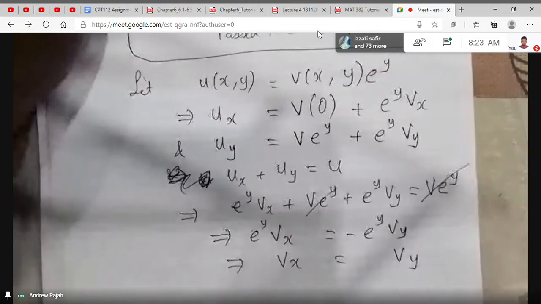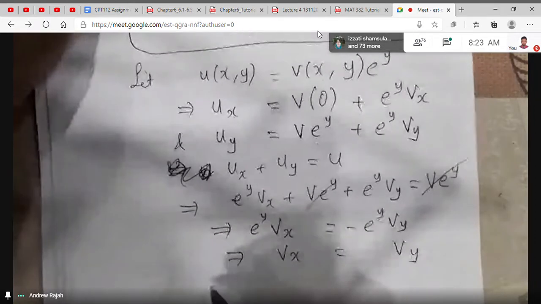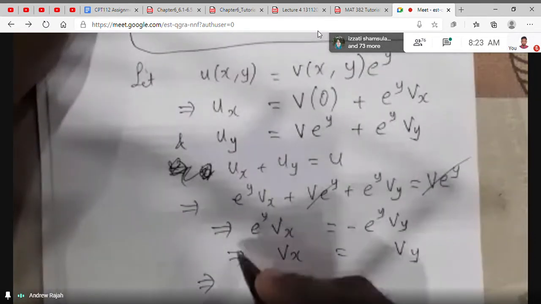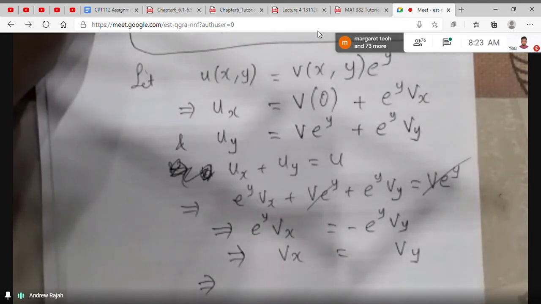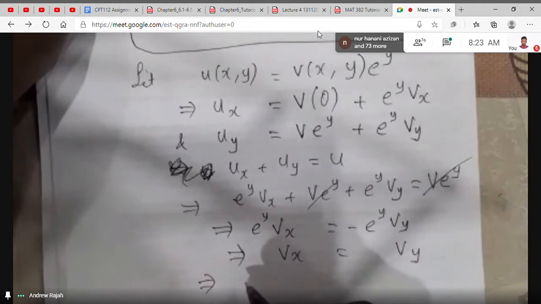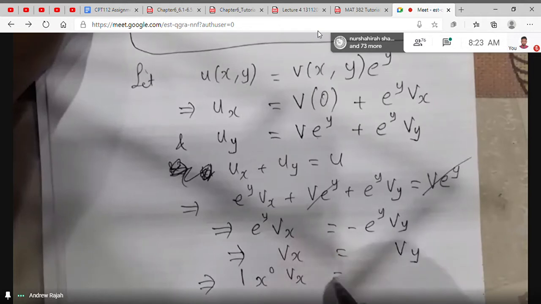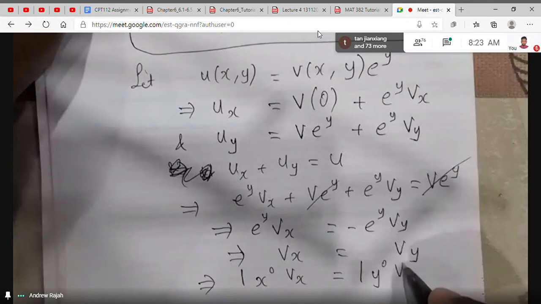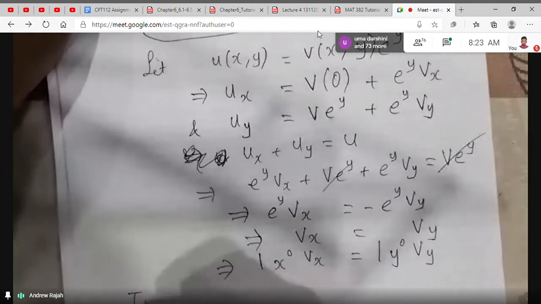Do you see any formula there? Any theorem? Theorem 2.2. Oh yes. 1 x to the power of 0 v_x equals 1 y to the power of 0 v_y. So now you can use theorem 2.2.